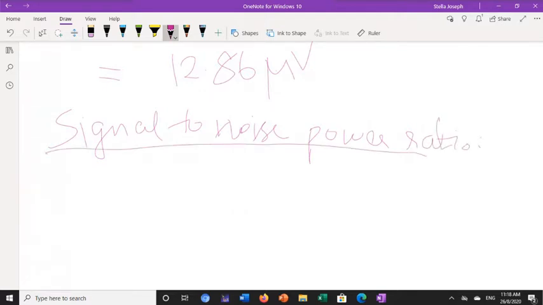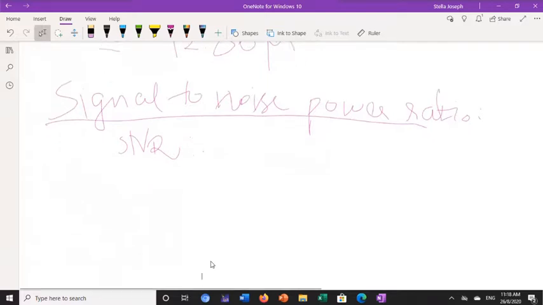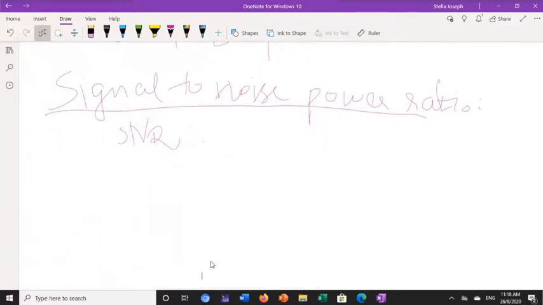We can say it as SNR ratio, the short form of signal to noise ratio. In the question paper, if they don't write signal to noise ratio, they will mention it as SNR.